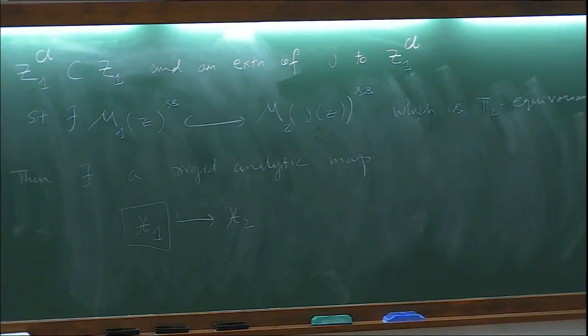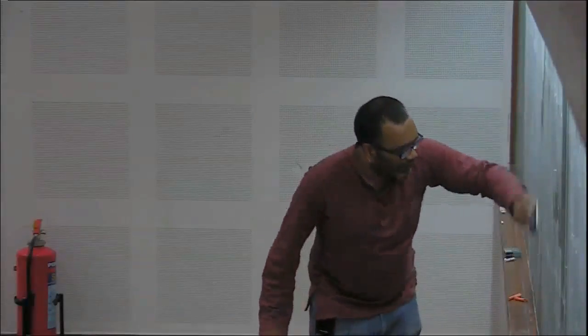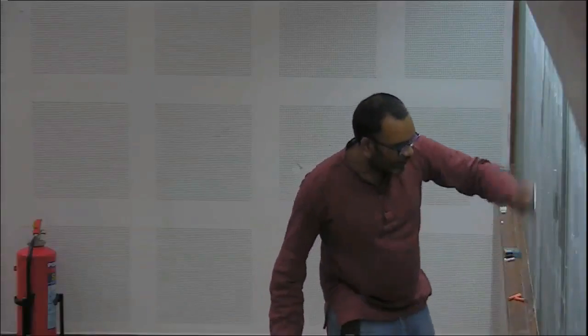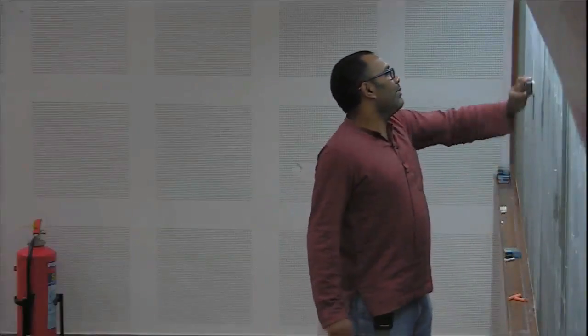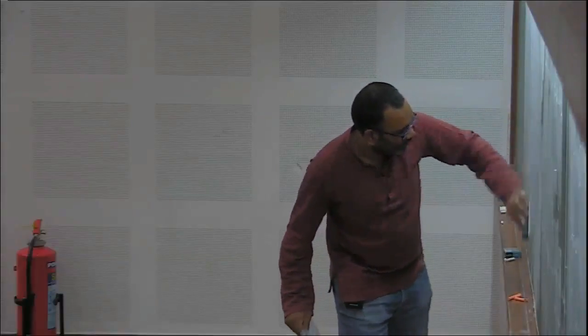Let me now become a little more specific. For example, if I start with a group G, what is the weight space, what is the Hecke algebra, and so on. I'm just going to do this in the specific case that we are interested in, so that maybe will give you a general idea.